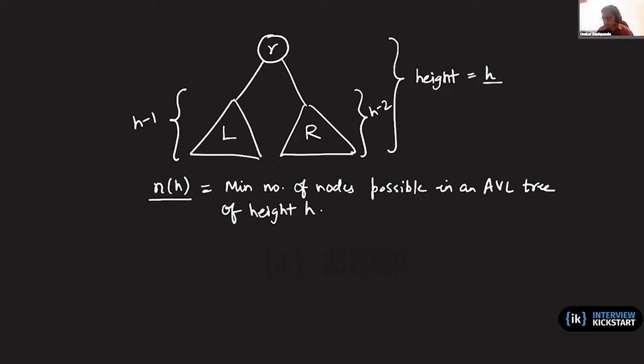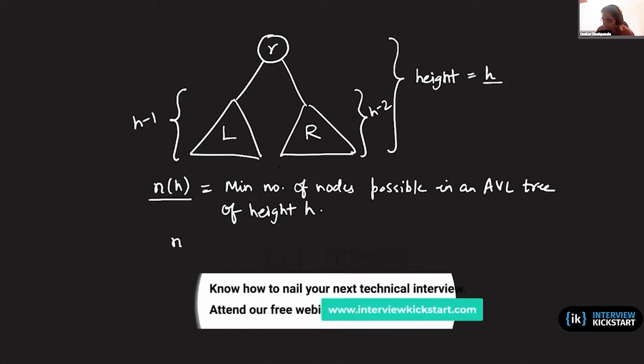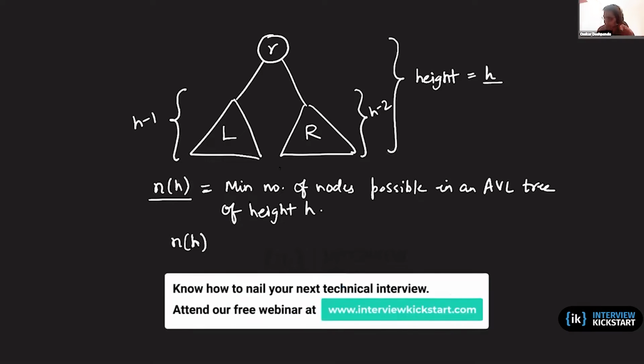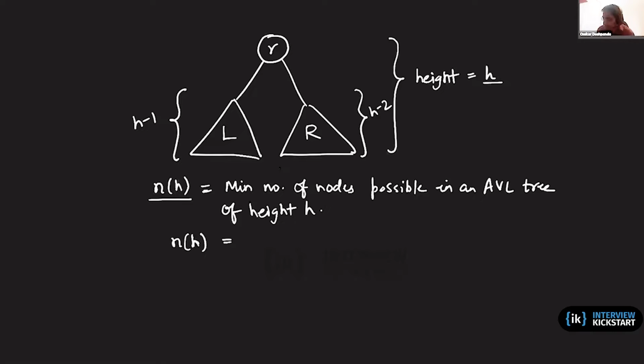I picked left and right arbitrarily here. I could have picked the right subtree as height h minus 1 and the left subtree with height h minus 2. So in other words, we can write this equation that n of h must be equal to the number of nodes in the left subtree plus the number of nodes in the right subtree plus the extra root node.